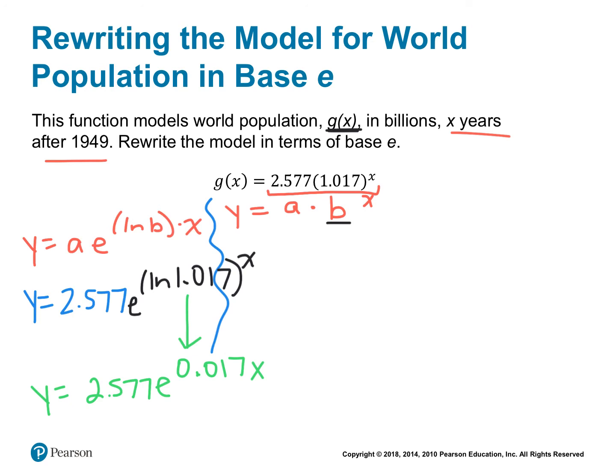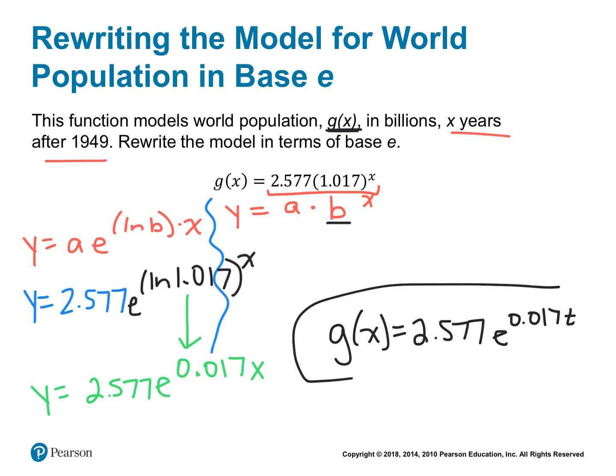So we're going to just rewrite it with g of x equals 2.577, then e, and for x we're usually using a t, so let's go ahead and put a t there. So that would be your final answer on this one. So now it does have a base of e, and we can apply it like we've been using for our other equations.